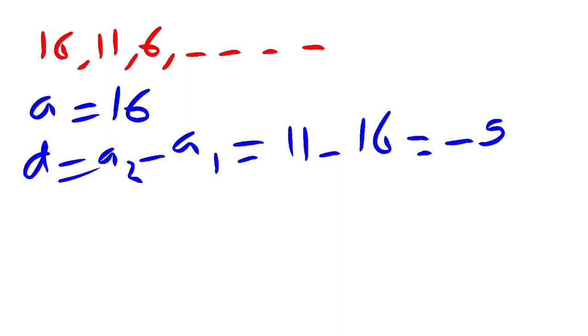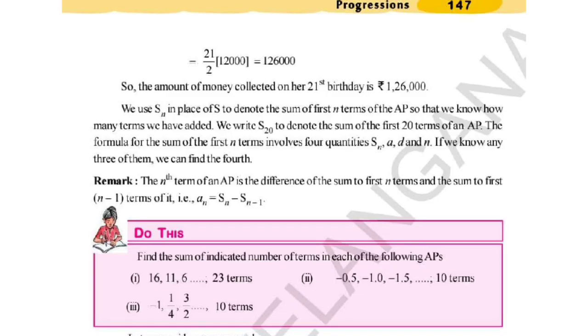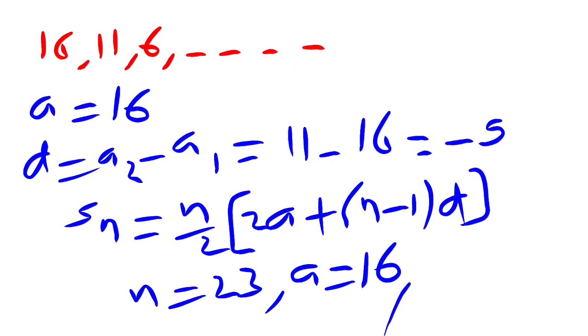So let's use the formula Sn equals n by 2 of, so here which formula do you want to use? The last term is not available, so that is why I am using 2a plus n minus 1 into d. As per the question we need to find 23 terms, so substitute n equals 23, a equals 16 and d equals minus 5 in the formula.